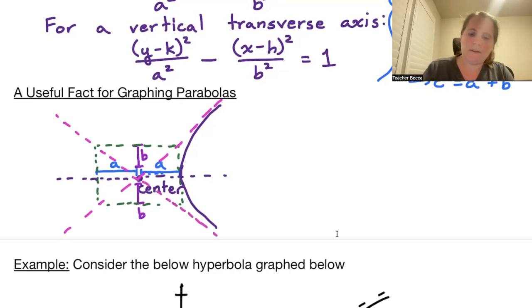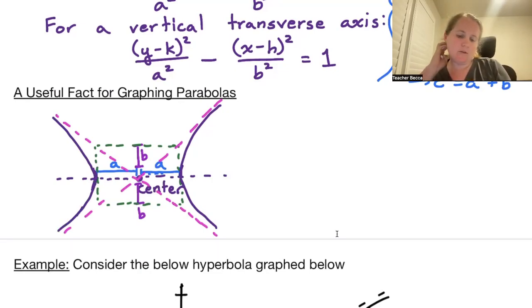So you can very quickly get a sense of the overall shape of the hyperbola by drawing this box and then drawing the diagonal lines. It doesn't matter if it's the vertical or horizontal version. Again, if this is our transverse axis, this is what we get.